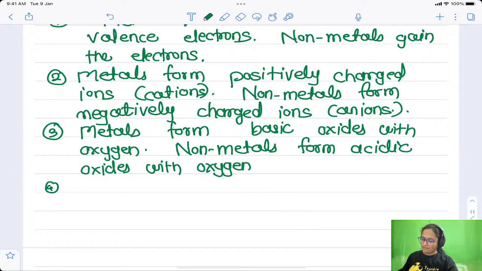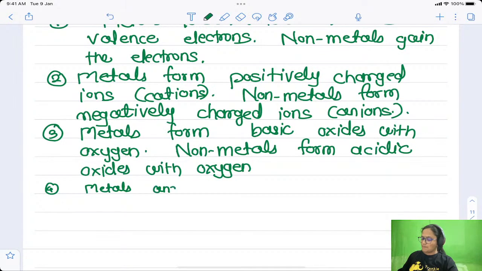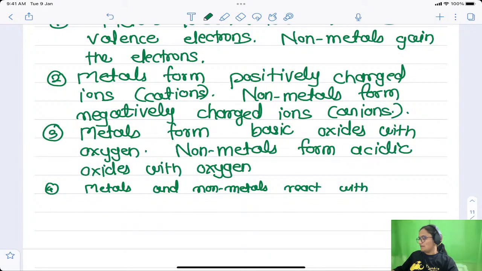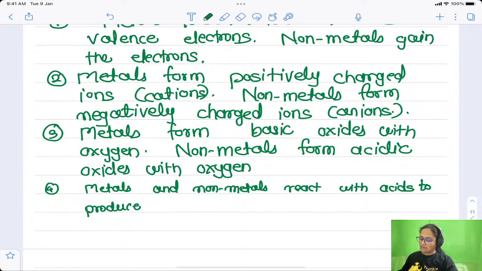And the fourth property: metals as well as non-metals react with acids to produce salt and hydrogen gas. So these are the properties of metals and non-metals in general.